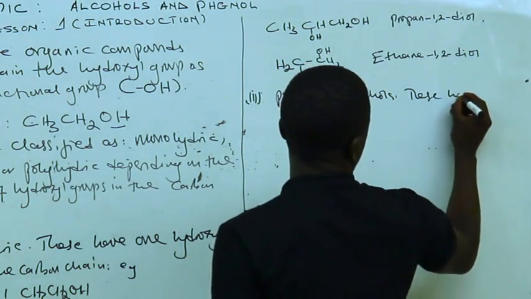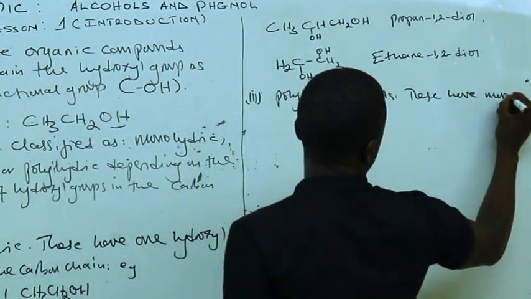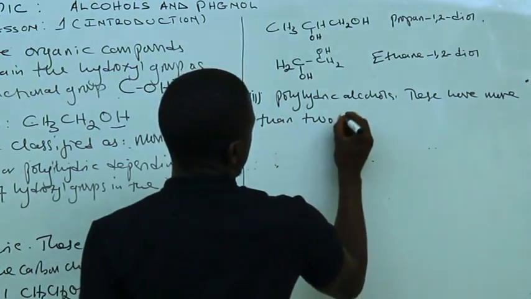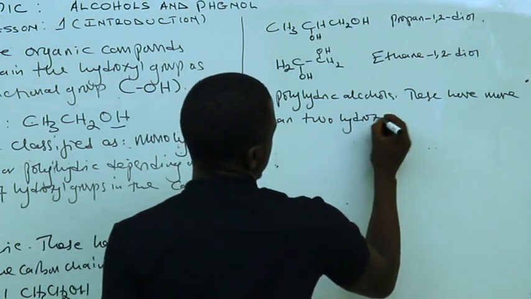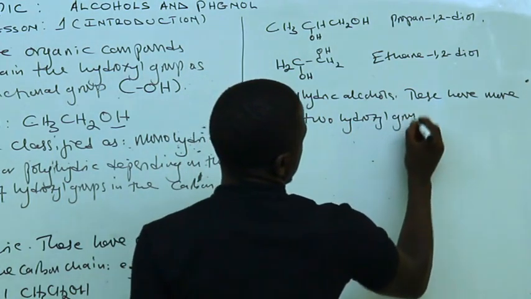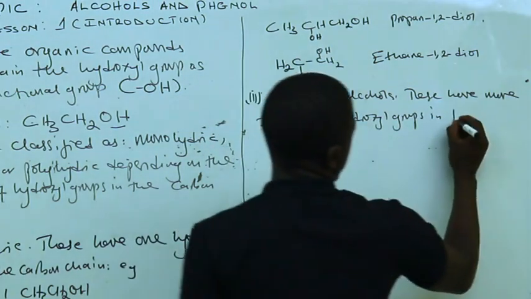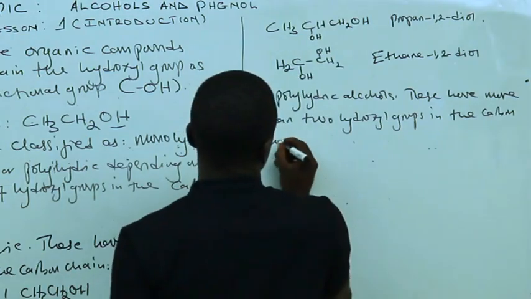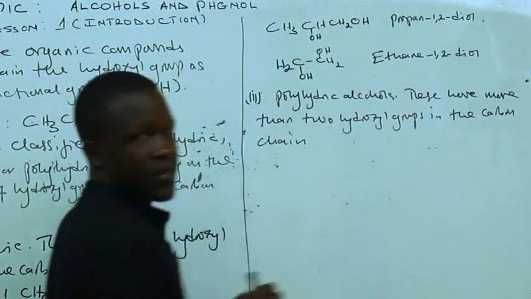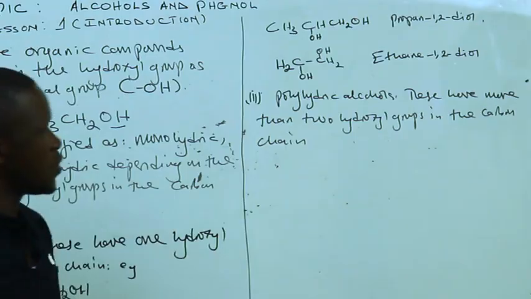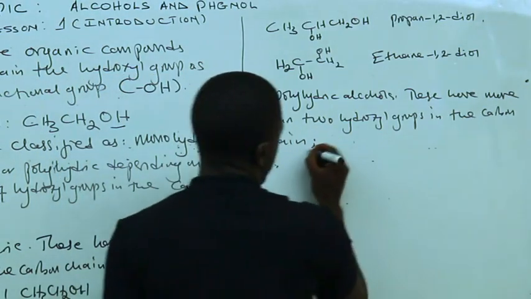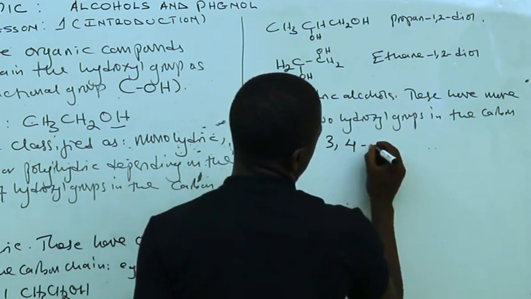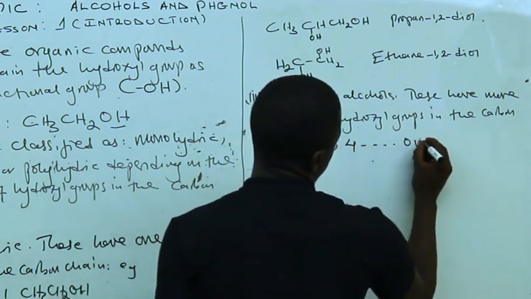These have more than two hydroxyl groups in the carbon chain. What does that mean? That means they could have 3, 4, and so on, OH groups.